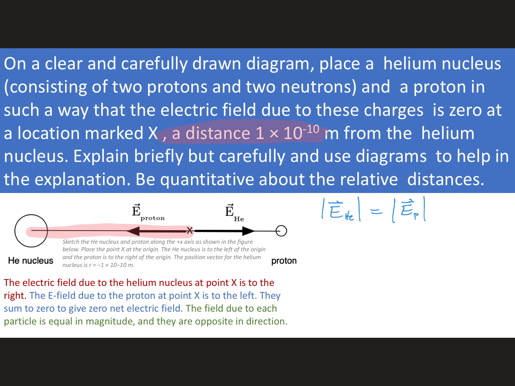And so here, if we just apply the formulas, we're going to have K times the charge of the helium over the distance of the helium squared has to be equal to K times the charge of the proton over the distance of the proton squared.